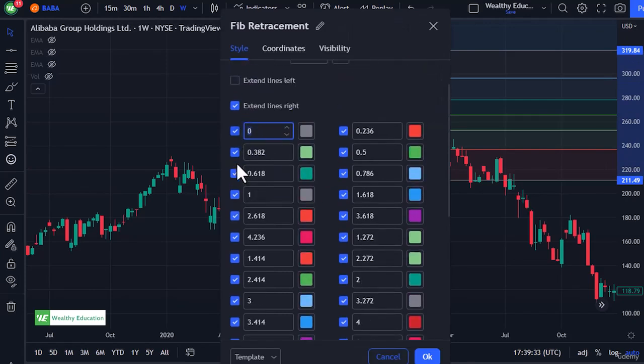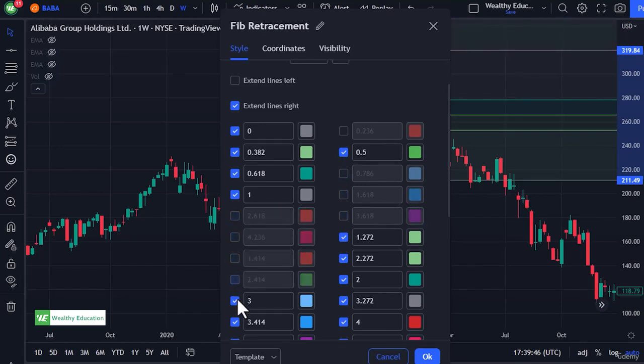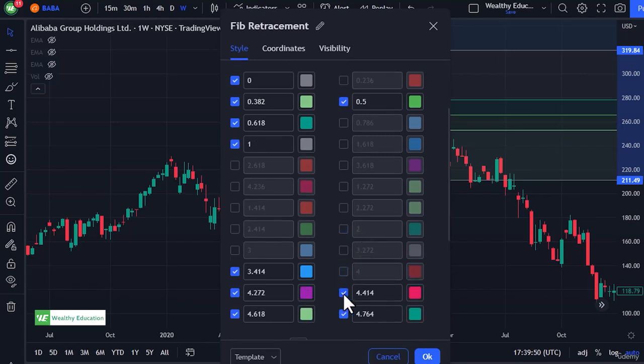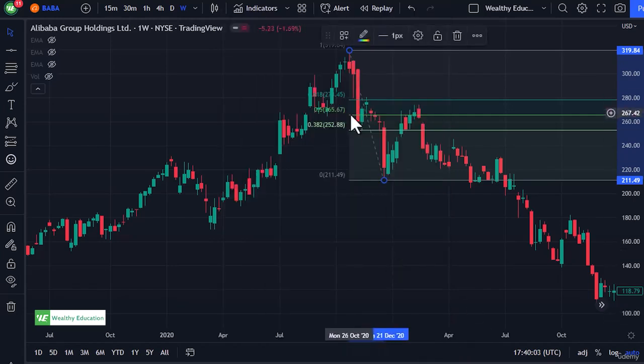And that is going to be, sometimes you hear 23.6, but in general, not. So you're getting rid of a ton of Fibonacci numbers. So 38.2%, 50%, 61.8%.